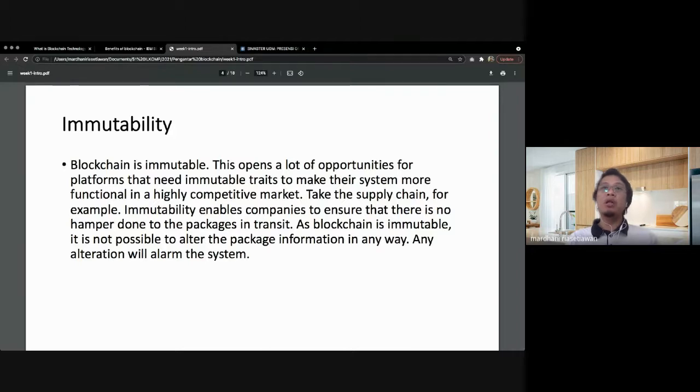This opens a lot of opportunity for platforms that need immutable trade to make their system more functional in a highly competitive market. So it means what the blockchain offers, the immutability, is not trapped in one single platform, but many platforms that want to use the blockchain as one of the backbones of the system can be connected and can use the blockchains.